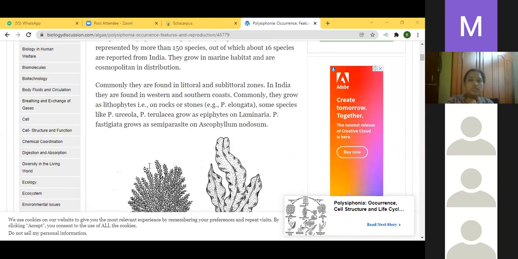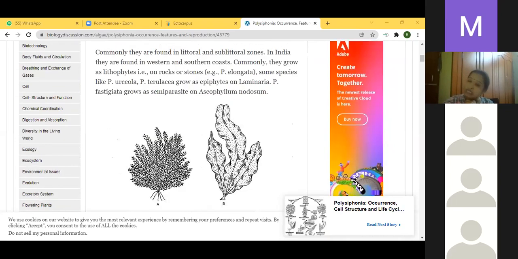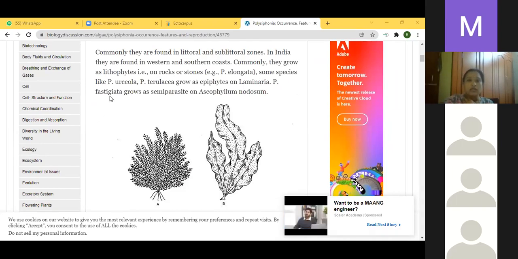Some species grow on other algal members, like Laminaria, which is a phaeophycean member. Polysiphonia urceolata and Polysiphonia lanosa grow as epiphytes on Laminaria, and some on Ascophyllum nodosum also.